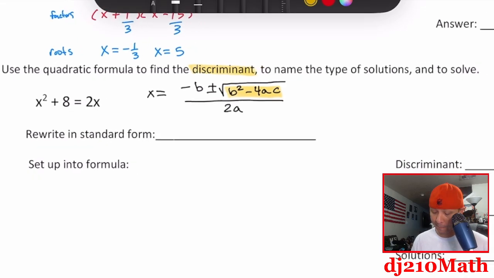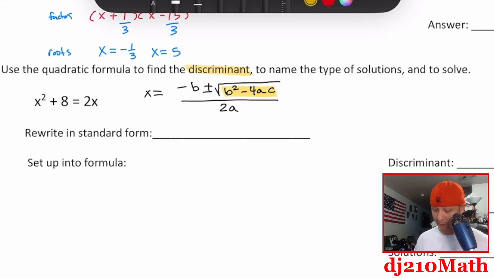Okay. That number will tell us something about the types of solutions. There are 3 types of solutions, right? Because there's basically 3 types of numbers in terms of the discriminant. It's going to be a positive number, it's going to be exactly 0, or it'll be a negative number. I'm talking about the part inside the square root.